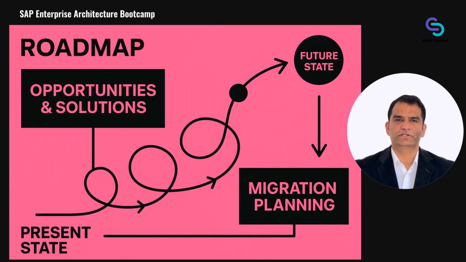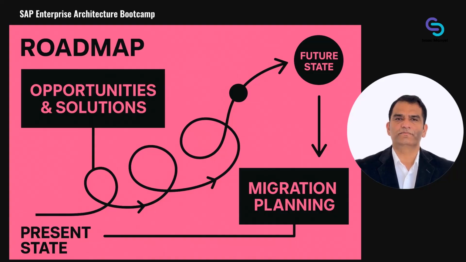Roadmap and transition is opportunities and solutions plus migration planning. Once the target architecture across business, solution, and tech is defined, the question becomes, how do we get there? This phase produces the implementation roadmap.